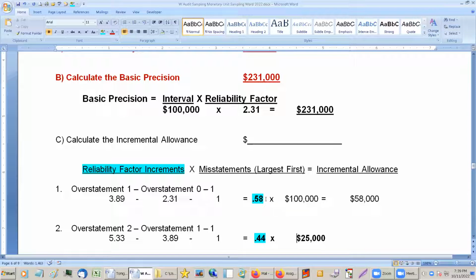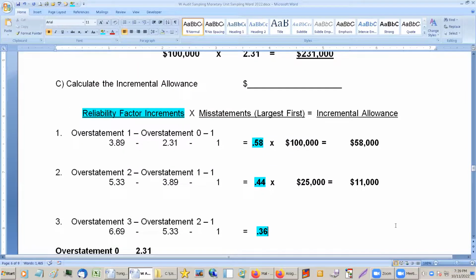Okay, thank you. Both these. Okay, and there is no third one, so we can just stop here. $69,000.